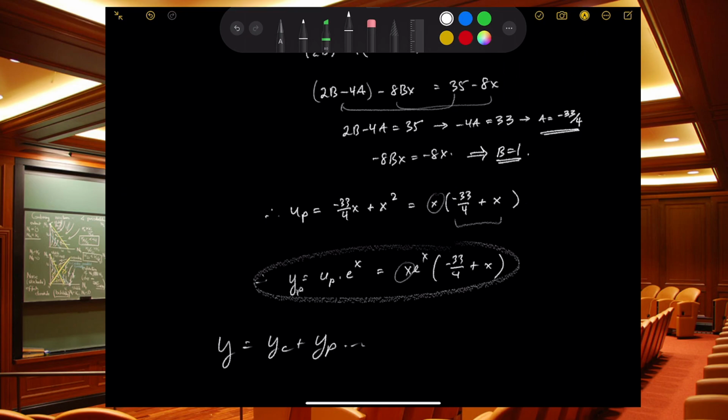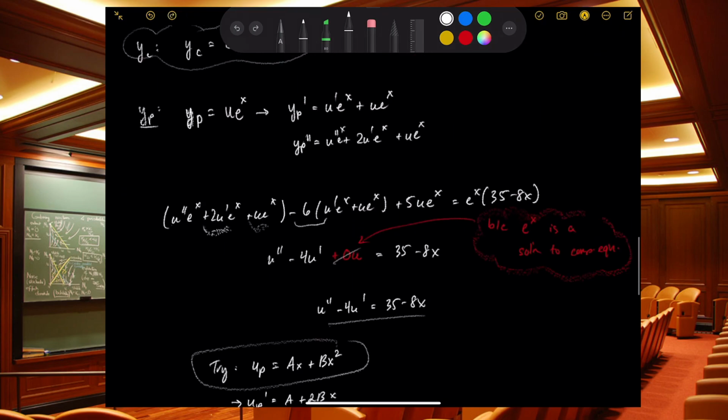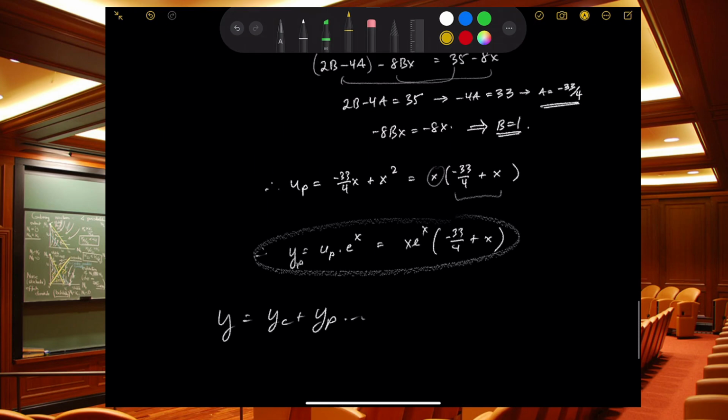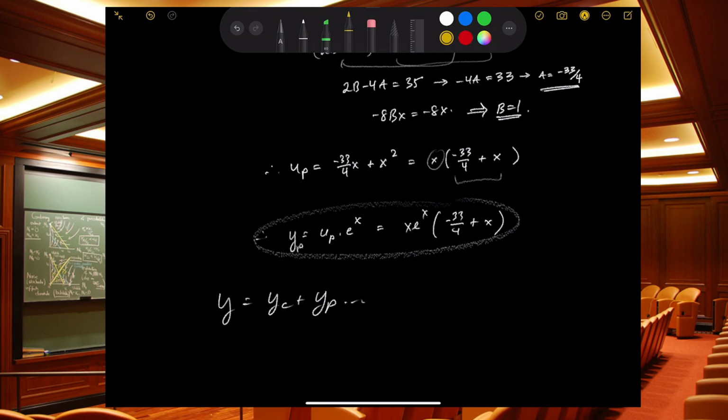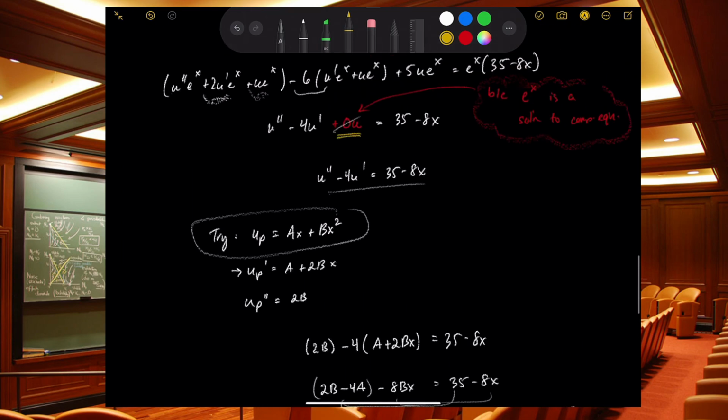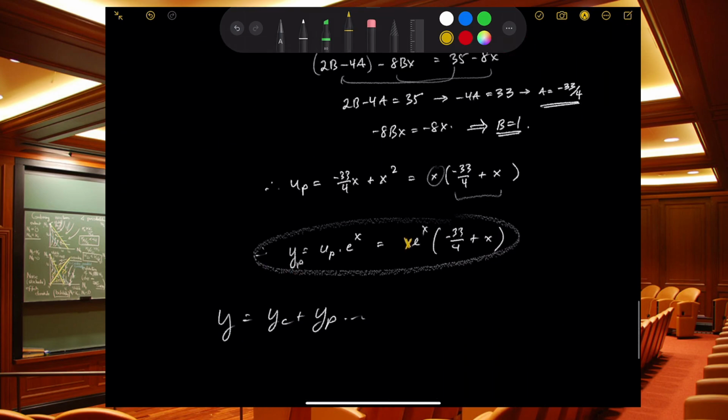But this is a theme you can notice: if this e to the alpha x over here solves the homogeneous equation, then we can assume the solution is going to be of this form, where we have this extra factor of x, because we have to go a power up since this u drops off here. We have to go a power up to maintain the form of the polynomial when we differentiate twice.